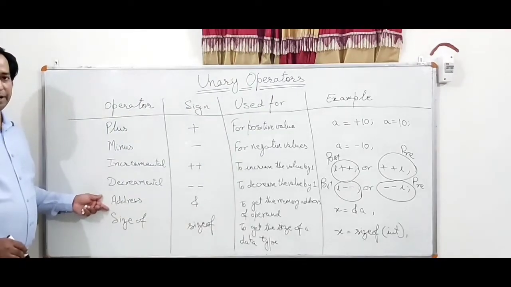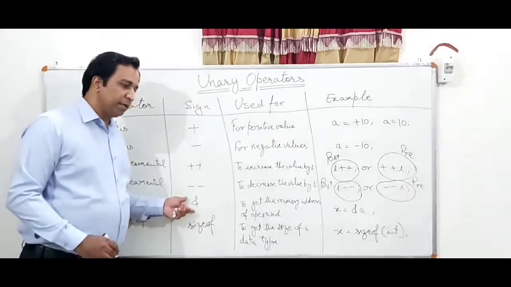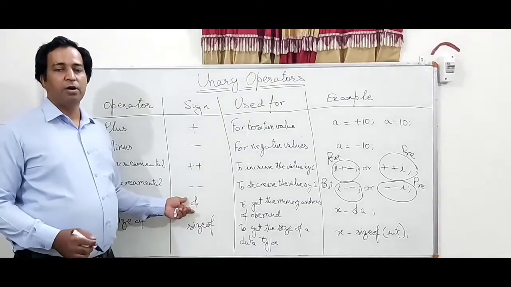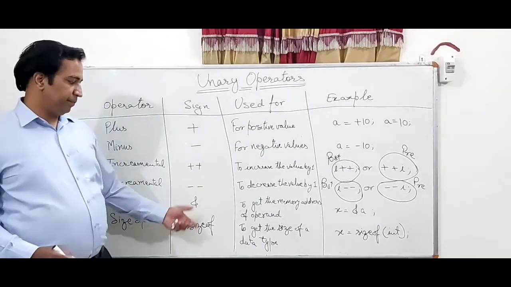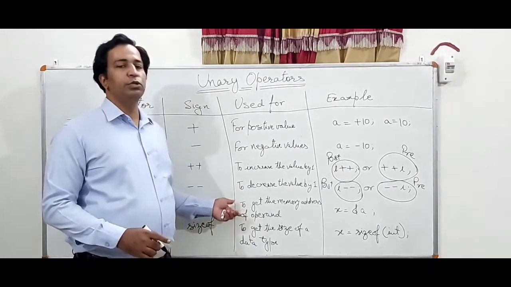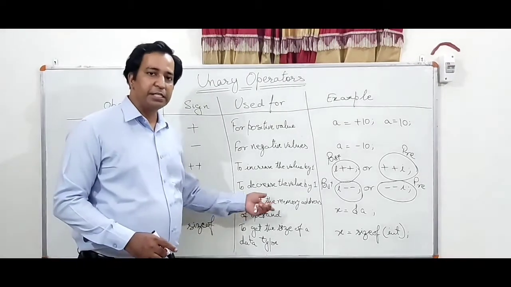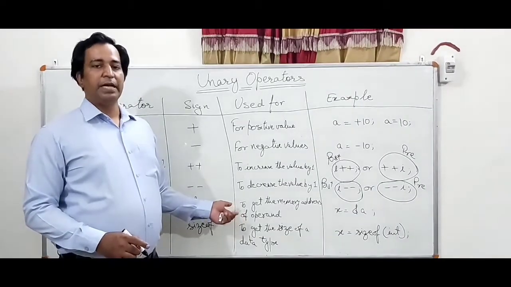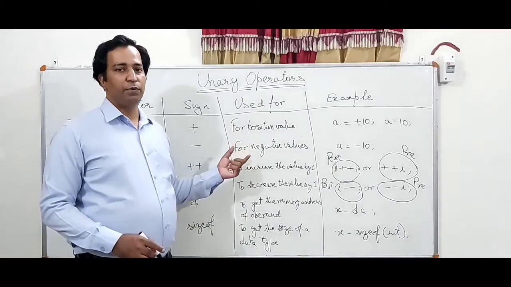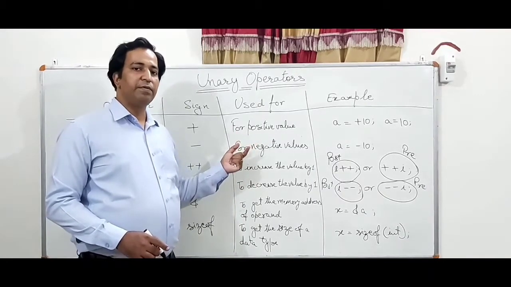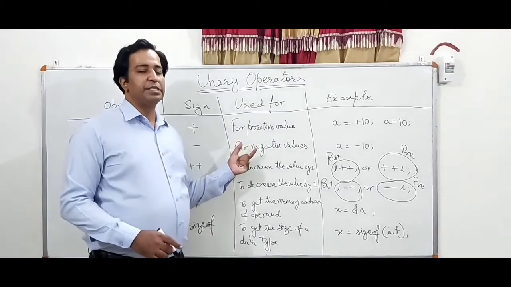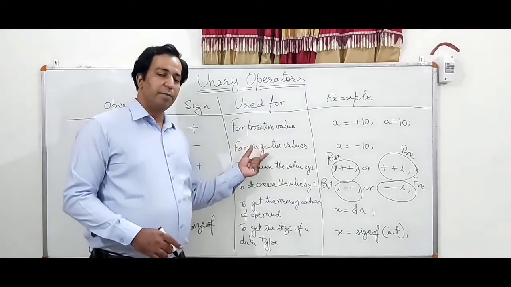The next operator is the address operator. It is also called the and sign or ampersand sign. This is used to get the memory address of your variable. As soon as you declare a variable in a program, that variable is given a memory address in the computer.